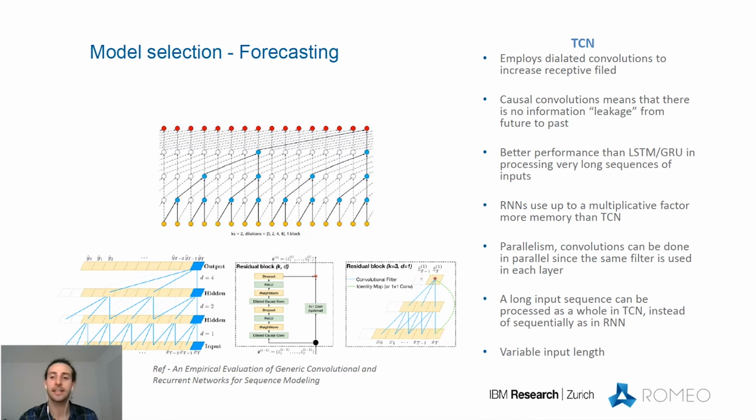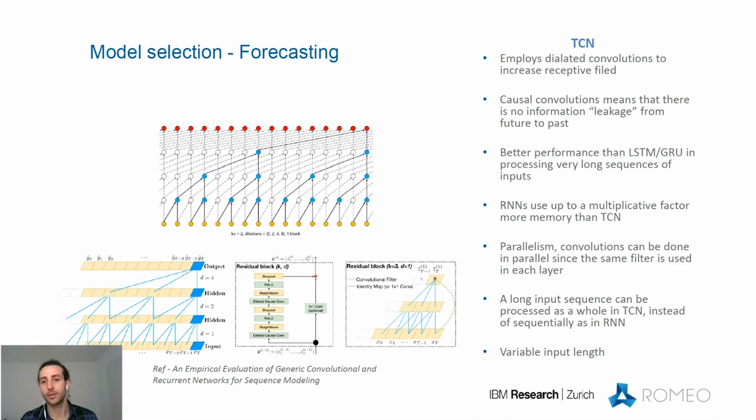It employs dilated convolutions, which increase the receptive field. Basically, you can look at more of the data all at once. It has causal convolutions, which is very important because there's no information leakage from past to future or future to past. This is important so that if we had to run in real time, it would work correctly.